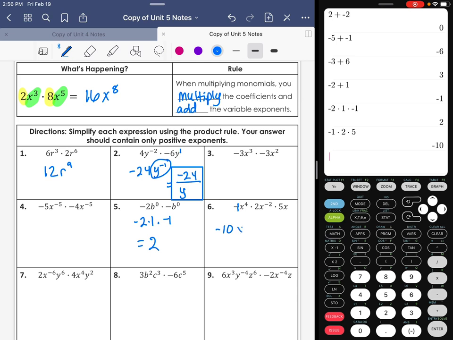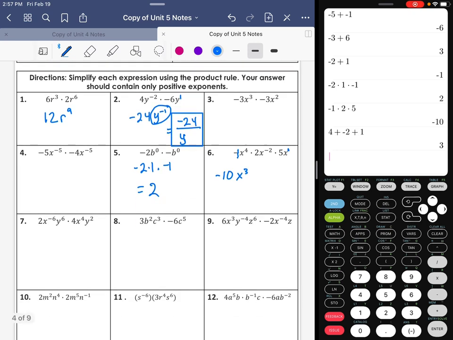Then we're going to look at the exponents. So we have 4 plus negative 2 plus 1. Don't forget, there is a 1 there. So there's a 1 here and there's a 1 there. So when you put that in there, you're going to get 3. So it's positive exponent. You don't have to move anything to a denominator.